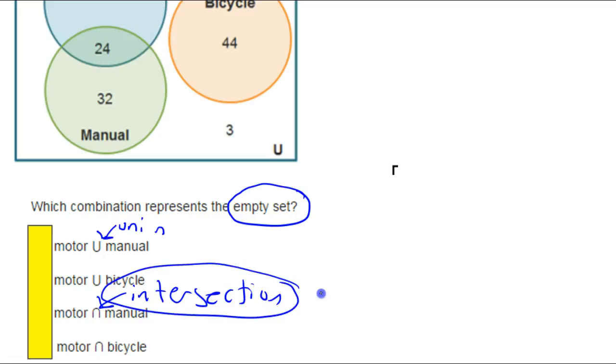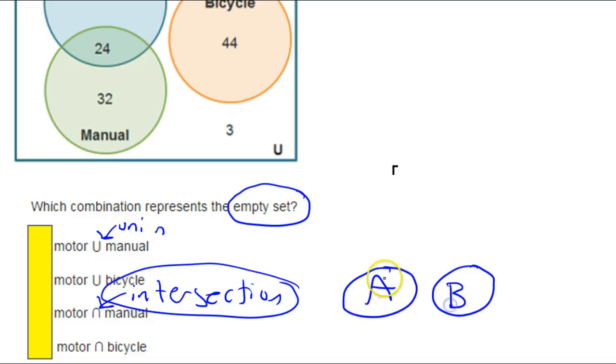If you have two sets that don't touch, say this is set A and this is set B, if there's no overlap, then if I ask what's the intersection of A and B, that's the empty set, because there is no intersection.